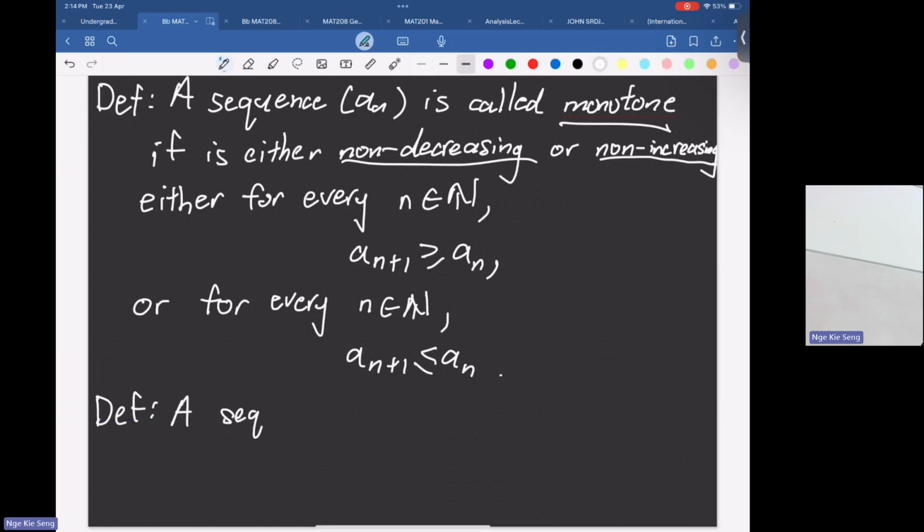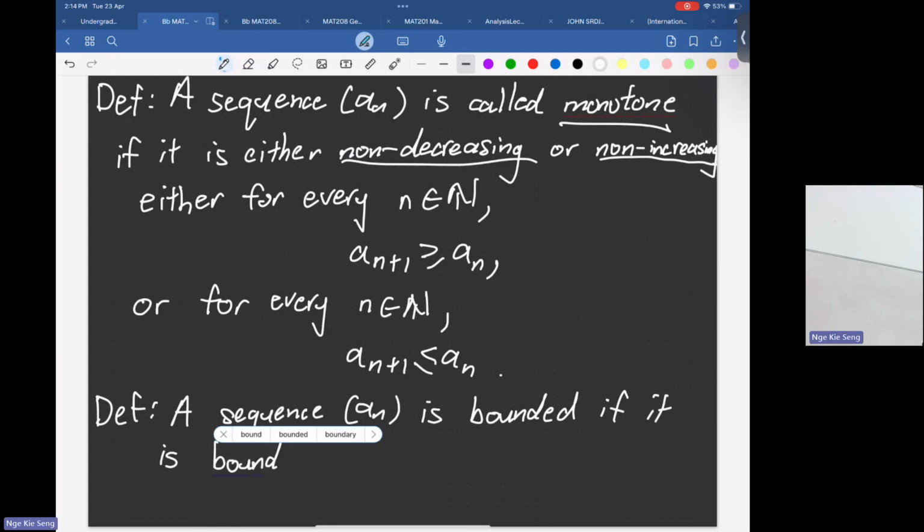A sequence is bounded means what? It means you can bound it in two ways, right? It is bounded above and bounded below. So what do bounded above and bounded below mean?